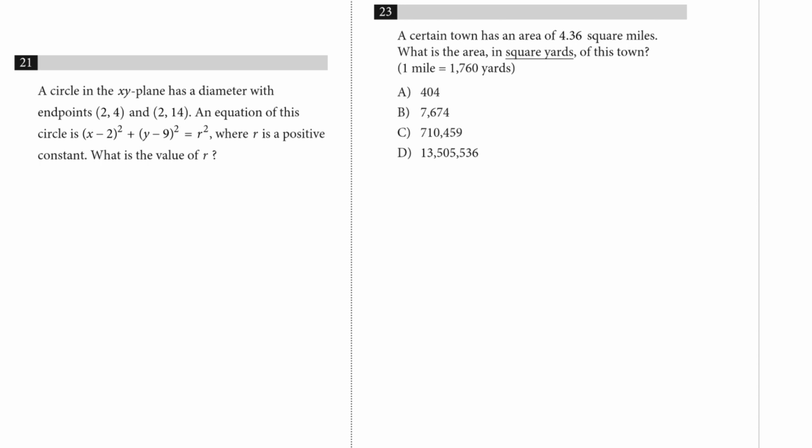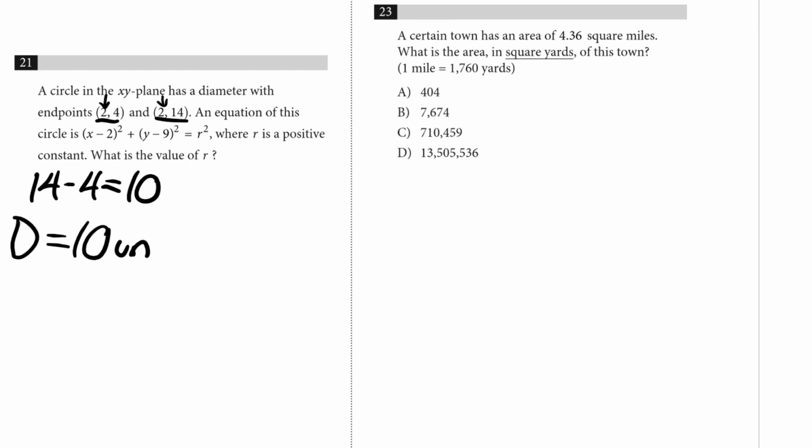If we have a circle and these two are our endpoints creating a diameter, you can see that the 2 is the value for x for both of them. So we can subtract the y values to get the distance between the two points. 14 minus 4 is 10, which means the diameter is 10 units.